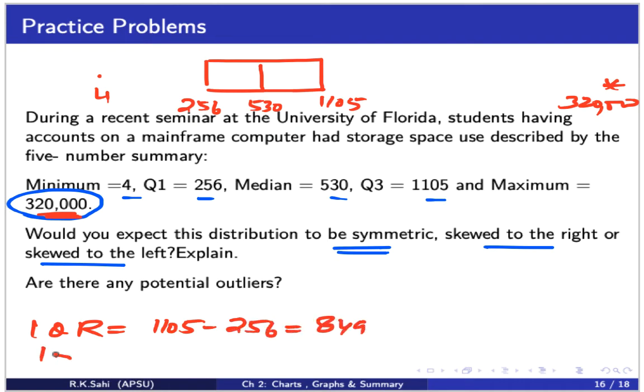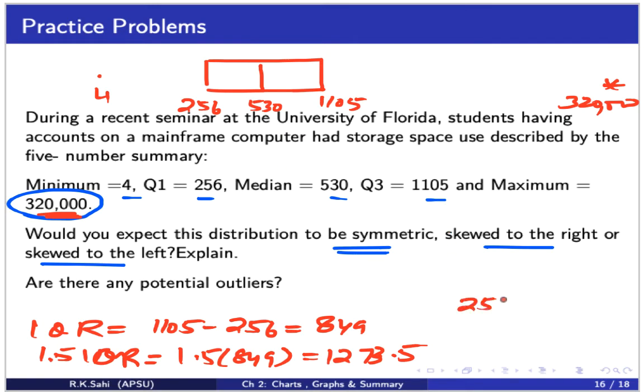And we multiply by 1.5 times IQR, which is equal to 1273.5. Now Q1 minus this, so Q1 is 256, so the lower limit is 256 minus 1273.5.